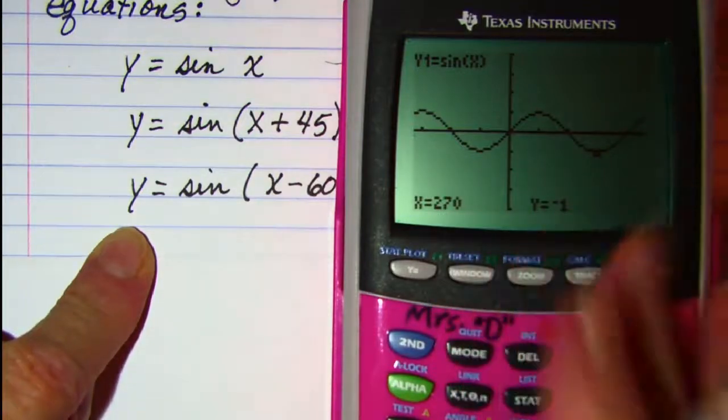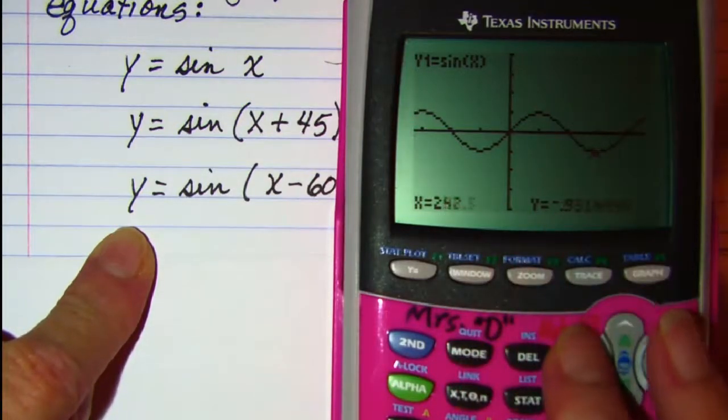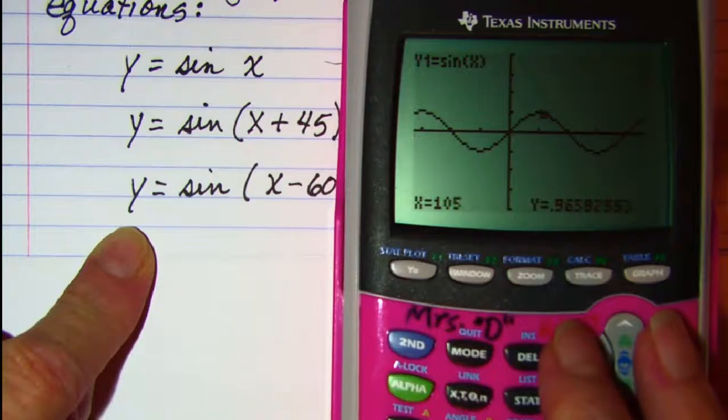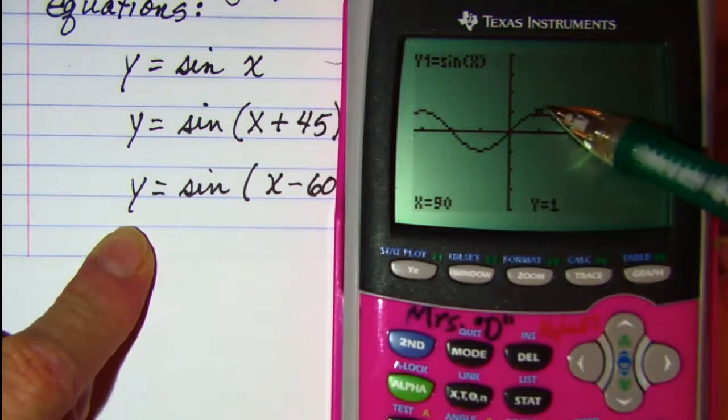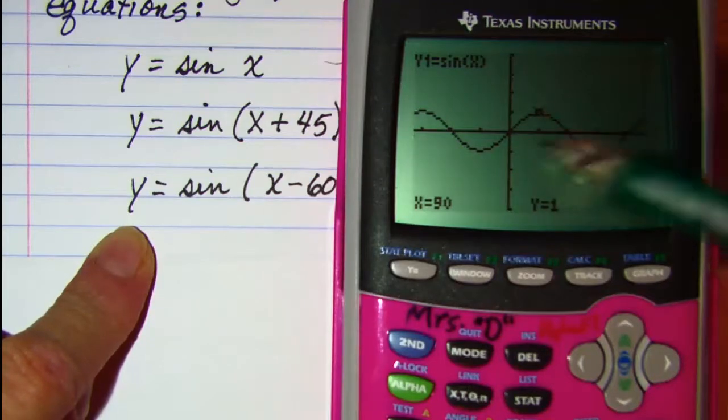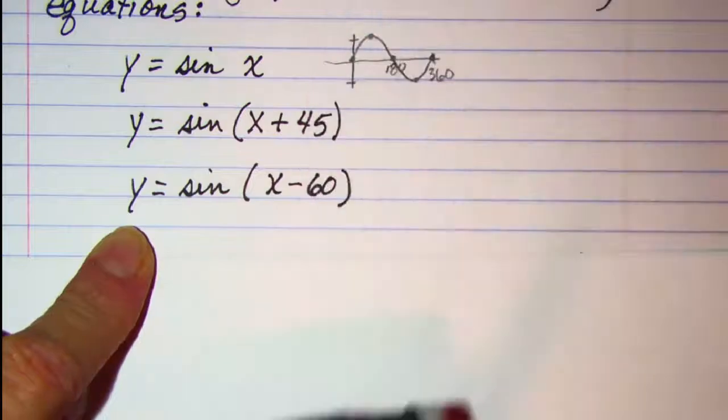So notice that it hits the axis or hits a max or a min at the quadrantal angles. So this one hit a value of 1 when the angle is 90 degrees.